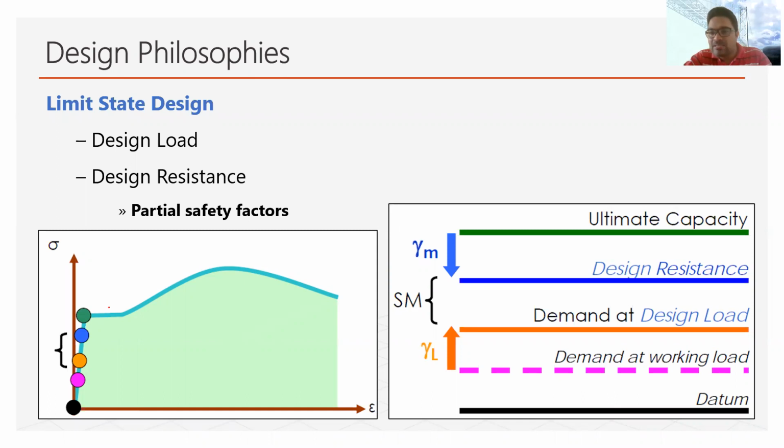Unlike the working stress method, which is based on the calculation of working load condition alone, and unlike the ultimate load method, which is based on calculation of ultimate load alone, the limit state method aims for a comprehensive and rational solution to the design problem by considering safety at ultimate load and serviceability at working load.